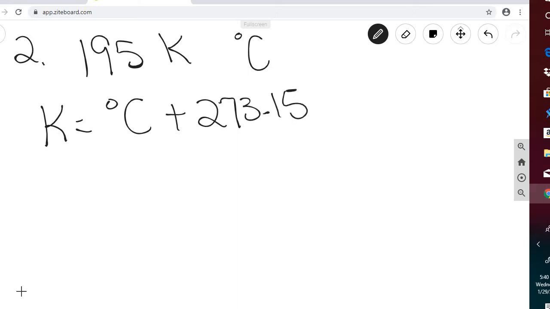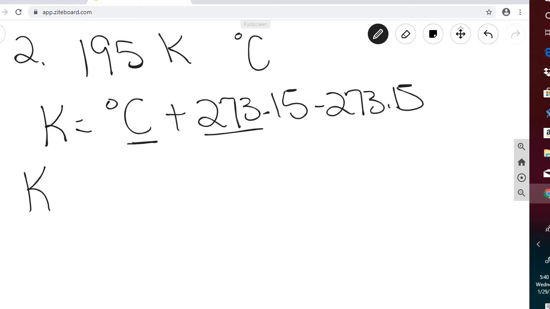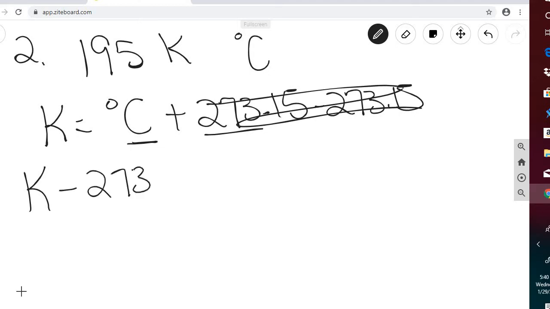Okay, so now we want to solve for C. So we're just going to subtract 273.15 from both sides to get rid of it on this side. So Kelvin minus 273.15 will give us degrees C.